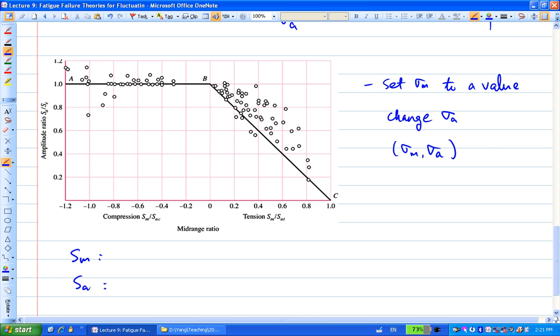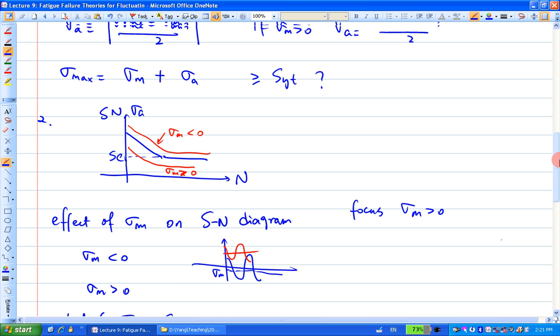If you remember, there's a so-called S_F here. One of the questions asked in the previous lecture was, what's the difference between S_F and sigma A? S_F is the value corresponding to any point on the curve. If you take a value anywhere inside this plane, that's called sigma A.